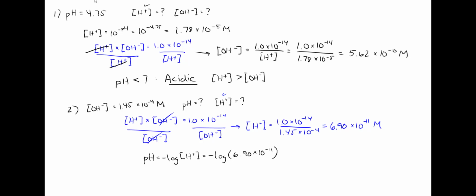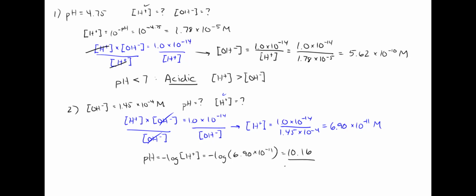You'll want to be sure that you check this in the calculator yourself so that you're not making any errors. So I have negative log of 6.90 times 10 to the minus 11. And this gives me a much more manageable number of 10.16. And pHs have no units.